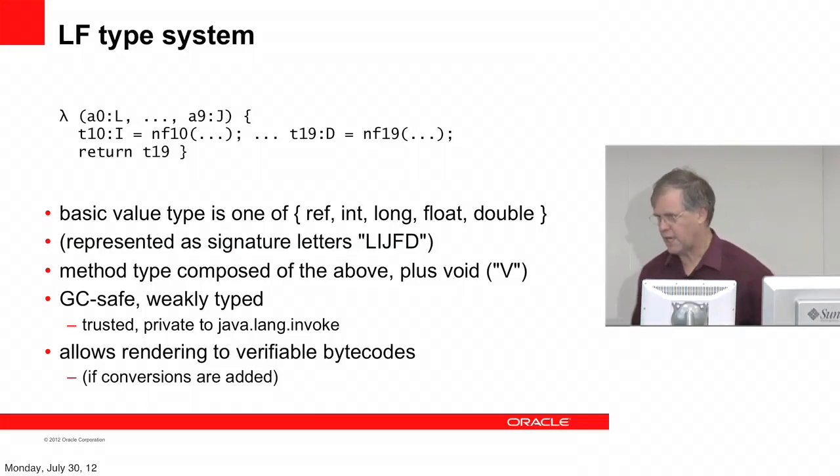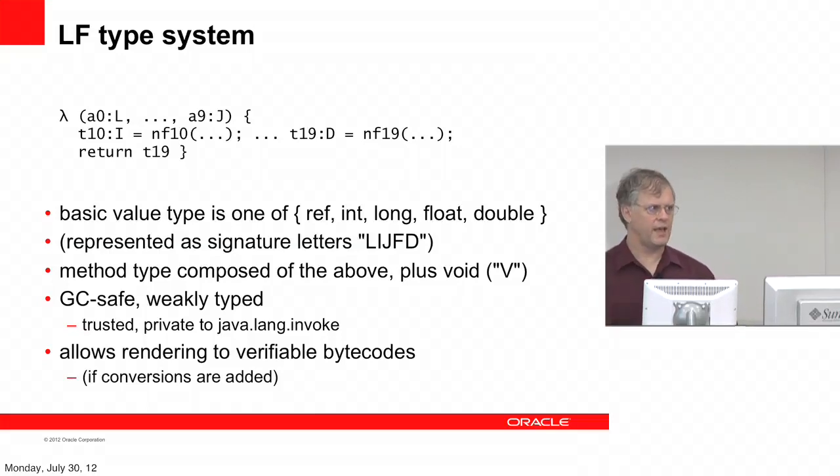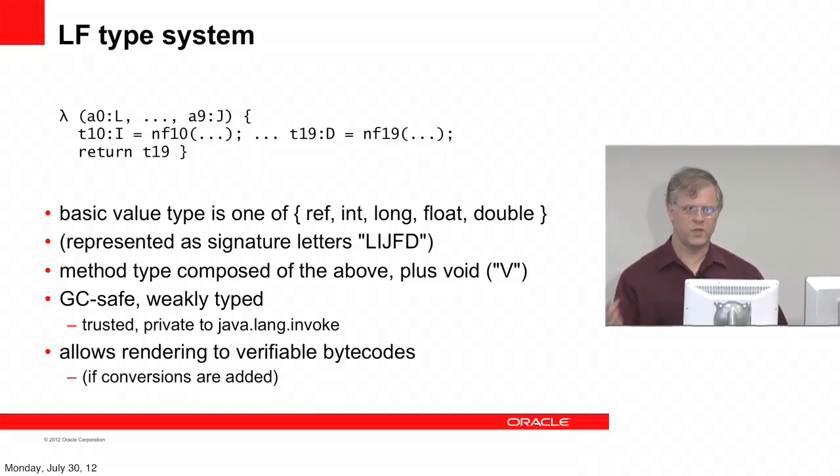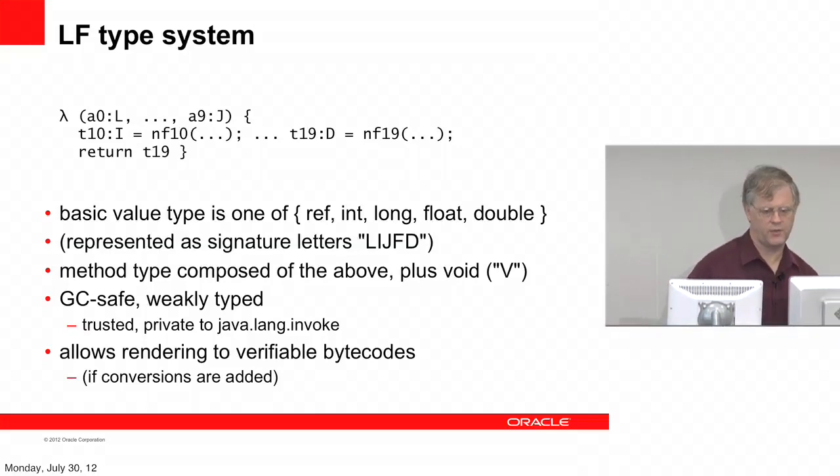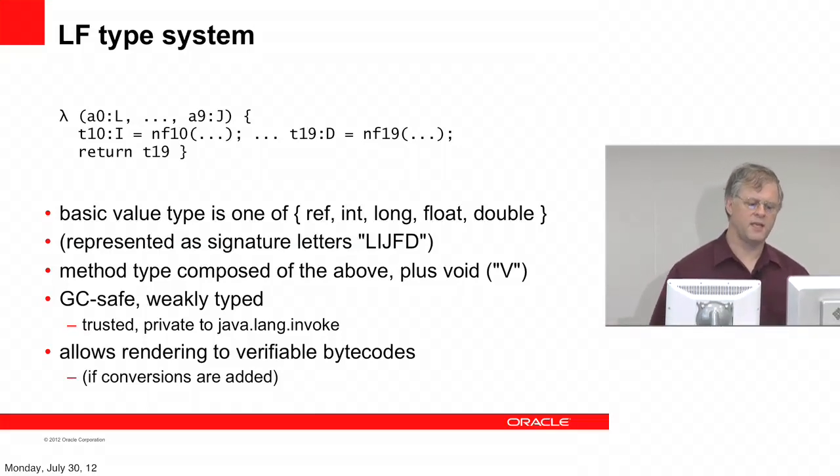The reason for going to this level of detail is so that everything will be firmly well known to the GC. There's no aliasing of ints and pointers. That would be very bad. But because the pointers are untyped, there is a certain amount of leeway in passing pointers around. So the Lambda forms themselves are responsible for maintaining type safety at the Java level.